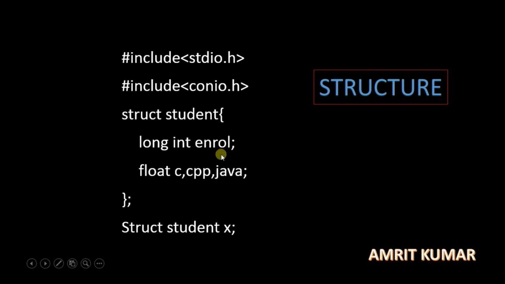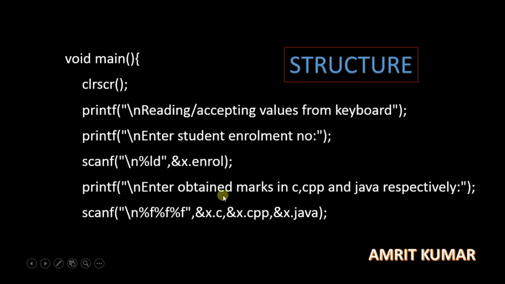Therefore I am accessing x dot enroll, and whatever the user gives is going to be stored there with the help of scanf, because scanf helps us accept a value from the keyboard. In the similar way, the rest is all going to be stored here.